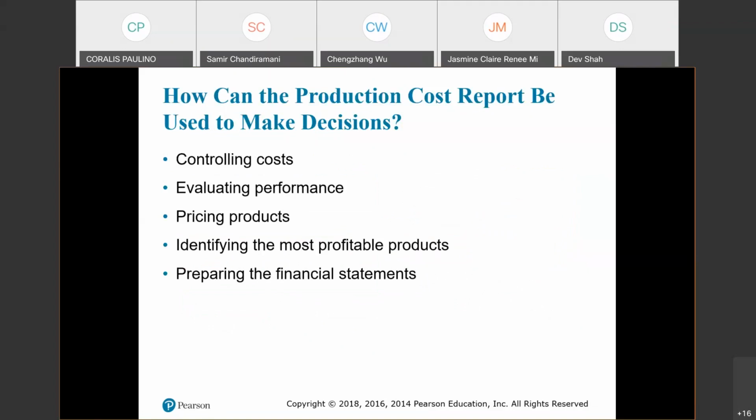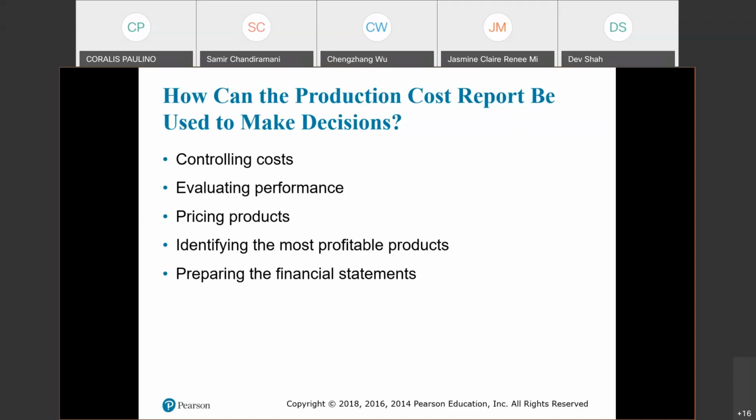Now, let's consider how managers use the production cost reports to make decisions for the companies. Primarily, they have 5 goals.